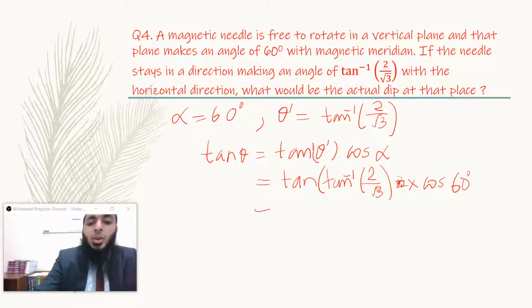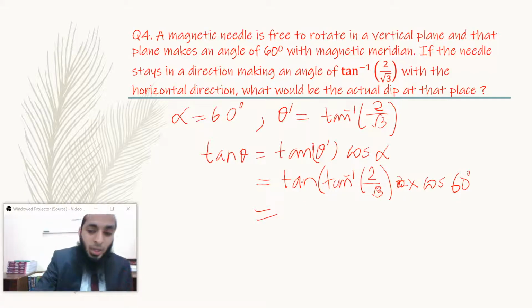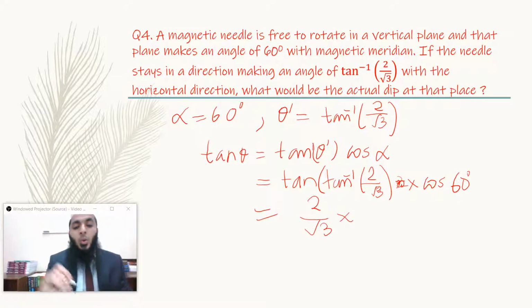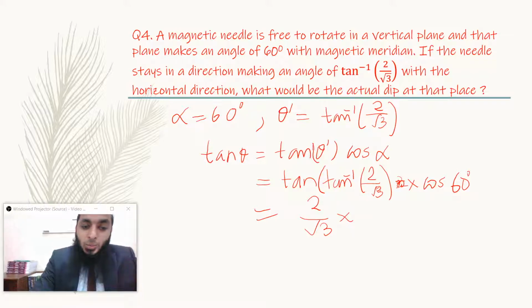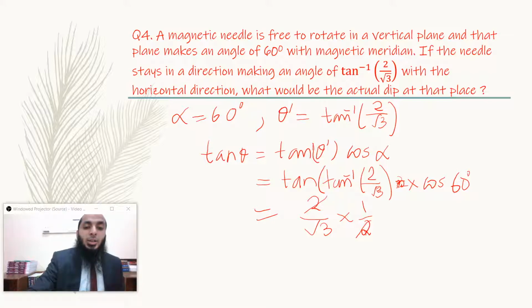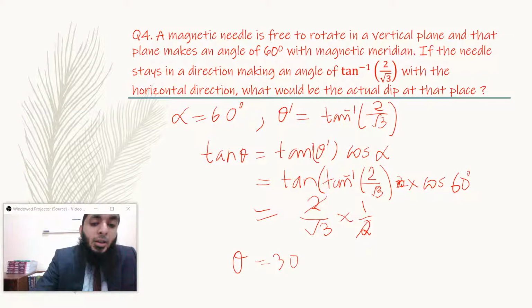Tan of tan inverse is like getting cancelled, so you can write 2 divided by root 3 into, what is cos 60? Cos 60 is 1 by 2, and it will get cancelled. You will get tan theta is equal to 1 by root 3, or theta is equal to 30 degree again.